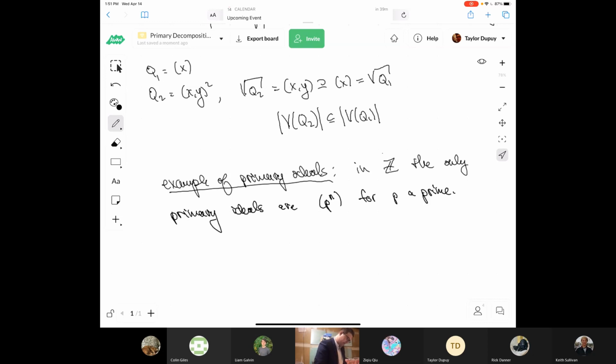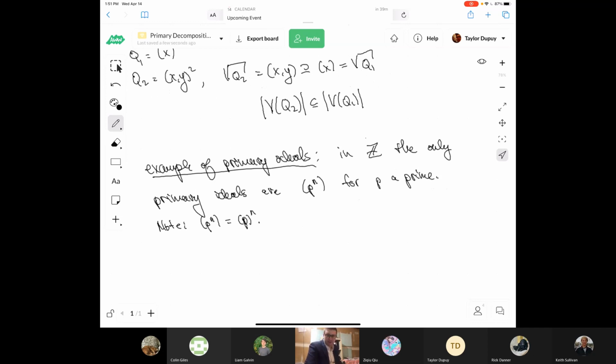Right, and this is the same thing. So note that (p)^n is the same thing as (p^n). So this is why maybe you would think that powers of prime ideals are primary.